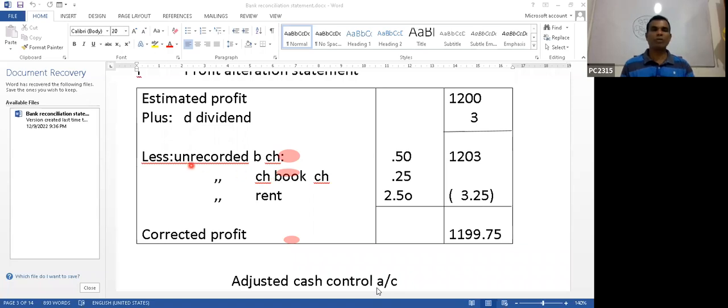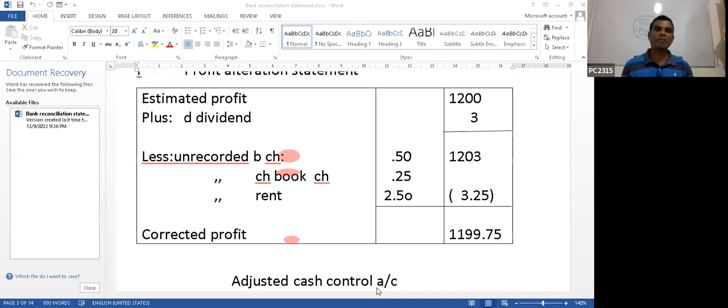Withdrawal. It should be withdrawal. It is not tallied with this value. There is no withdrawal. What should this withdrawal be? Then it can be taken as an error committed by the bank or unrecorded.